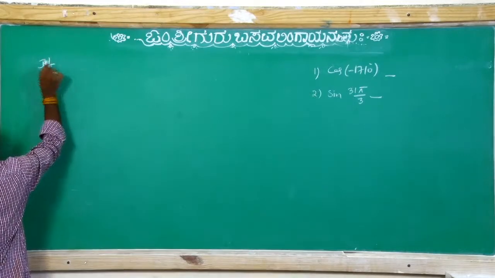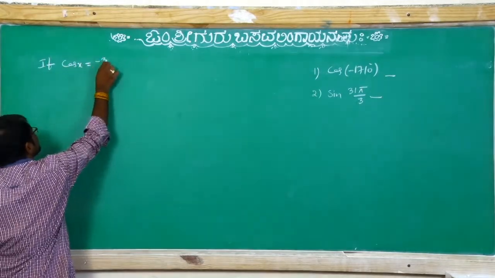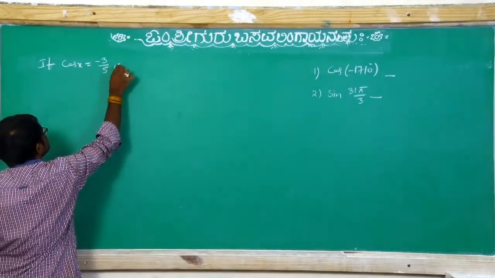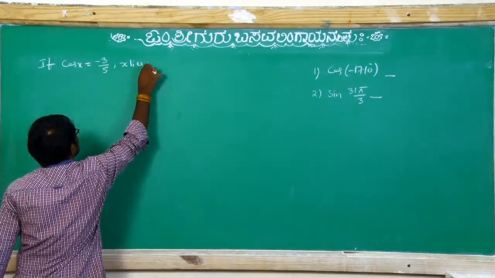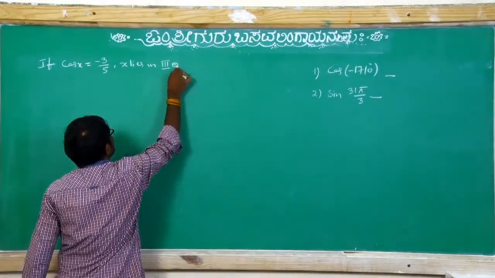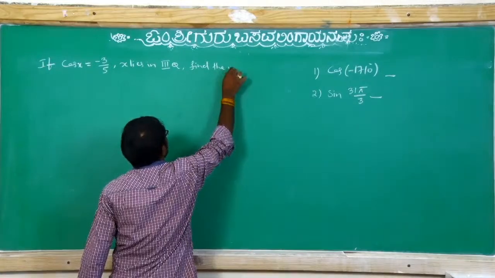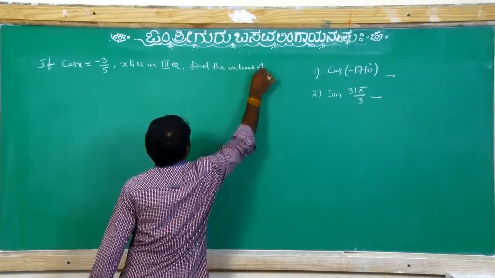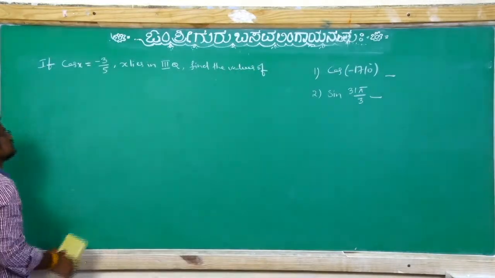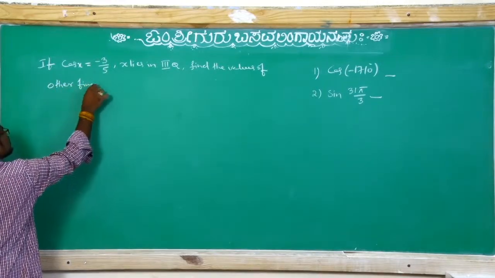If cos x equal to minus 3 by 5, x lies in third quadrant, find the values of other 5 trigonometric functions.